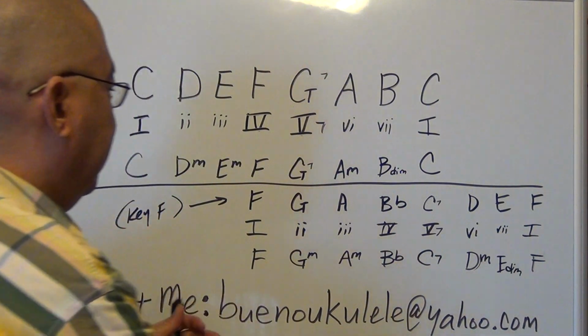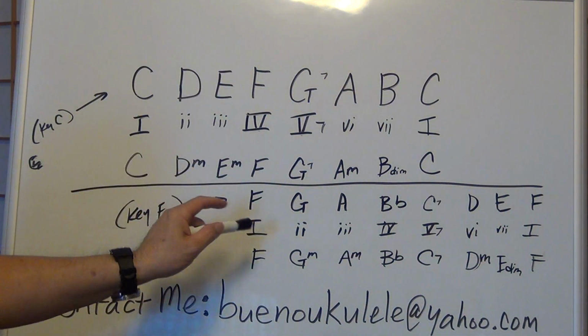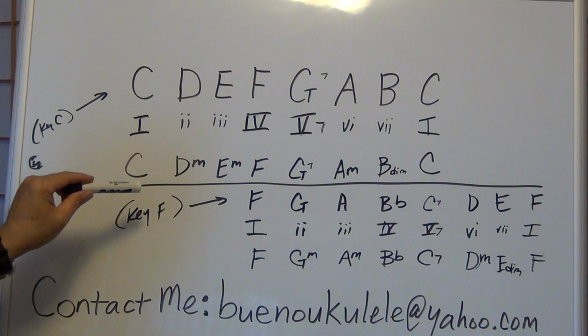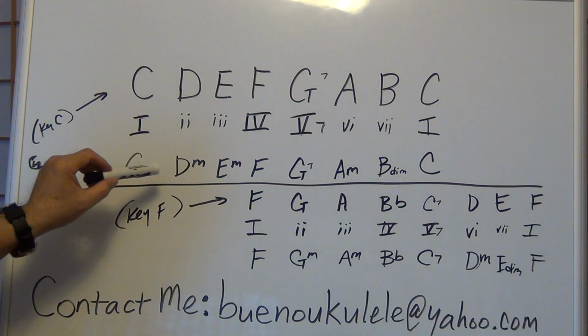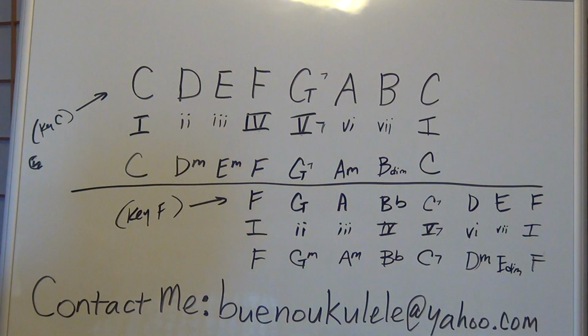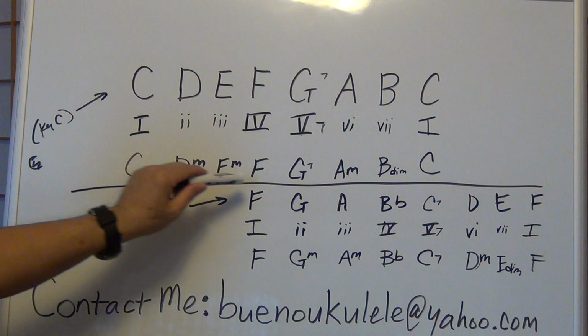Everything above the line was the key of C. Everything below the line was the key of F. Two different keys, but I'm trying to show that the concept is how the music system works, how the Roman numeral system works, and how you can find your chords, and how these chords are actually part of the key that you're in. So once again, key of C, these will be the chords in the key of C.